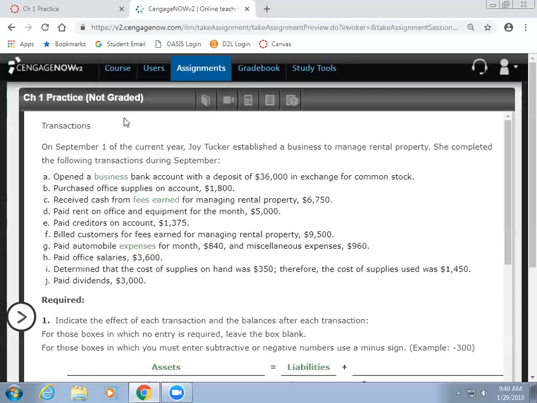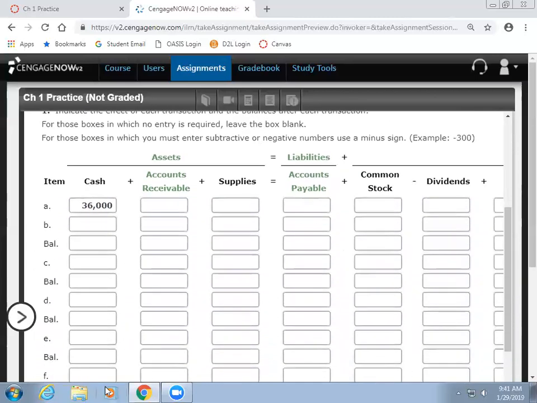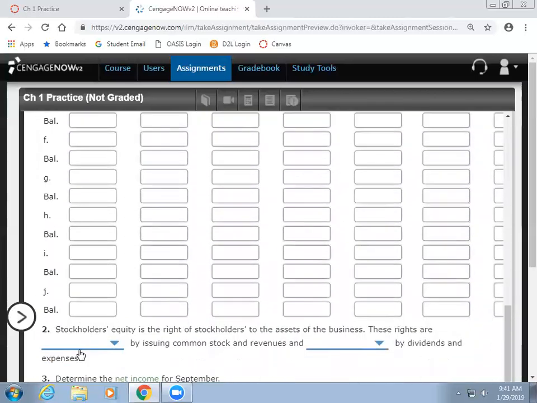Cash, good. Also common stock, perfect. Is cash increasing or decreasing? It's increasing, very good. So when I come down here under item A, I'm going to put that $36,000 of cash because she put that into the business, so it's increasing cash. Bless you. Thank you. And then I have to kind of scroll over. That's the only bad thing about.